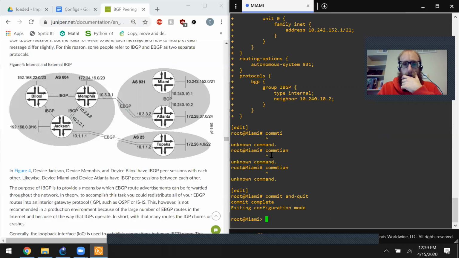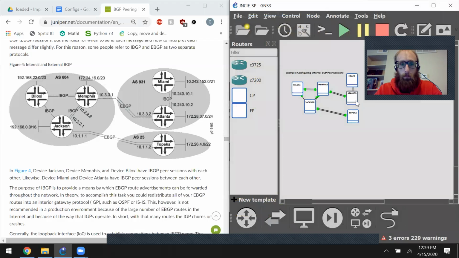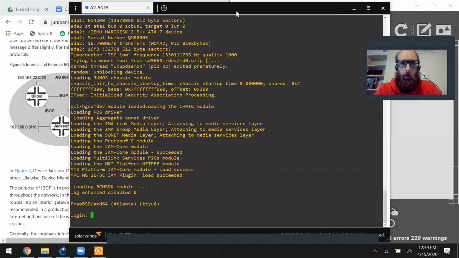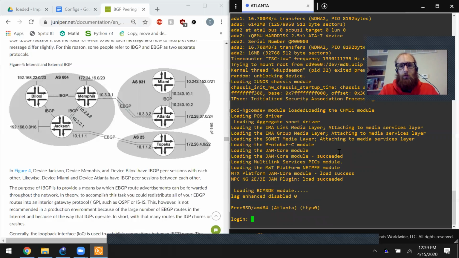All right, so that went really smooth. So now it's time for Atlanta. It's going to be a bit more configuration required. That was one of the skimpier ones.